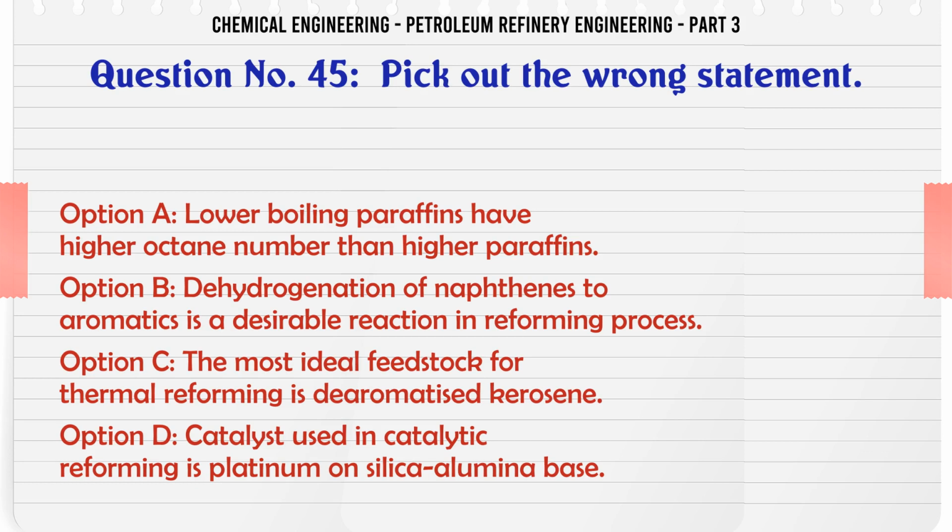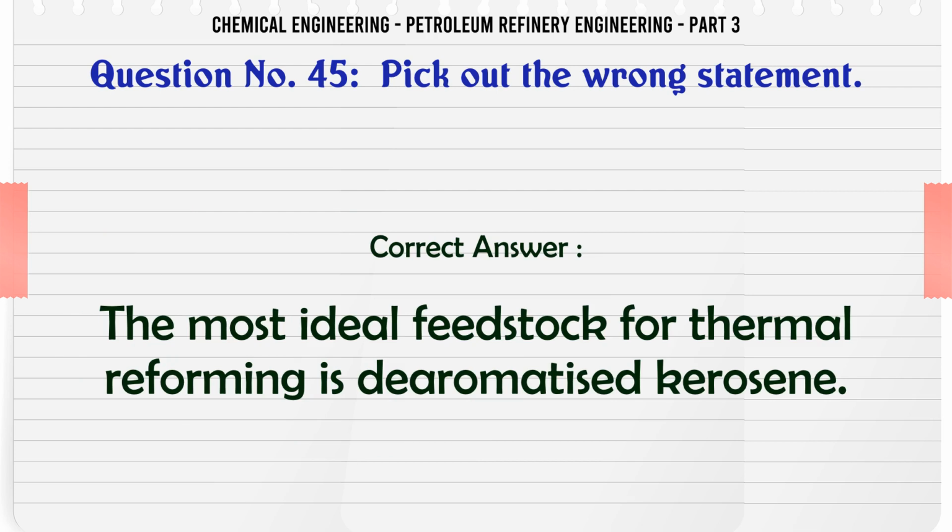B. Dehydrogenation of naphthenes to aromatics is a desirable reaction in reforming process. C. The most ideal feedstock for thermal reforming is dearomatized kerosene. D. Catalyst used in catalytic reforming is platinum on silica alumina base. The correct answer is the most ideal feedstock for thermal reforming is dearomatized kerosene.